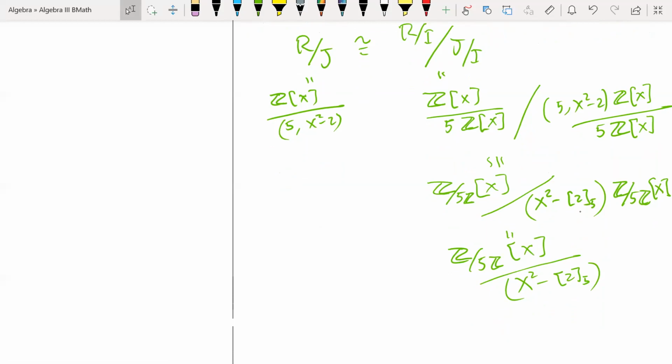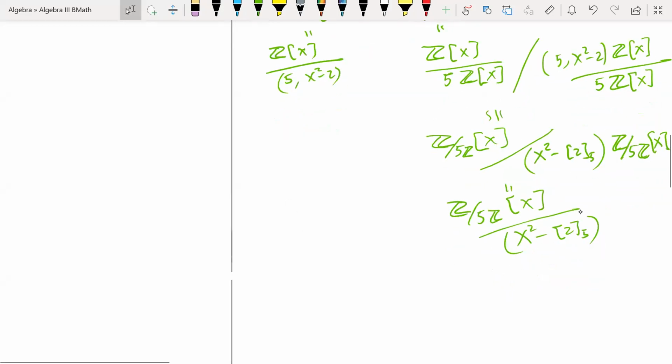This is some other ring, and we will see later that it is actually an integral domain. When n is 2, this is a polynomial ring mod x square, so this is not even reduced. x is nilpotent: x is non-zero, but x square is 0.